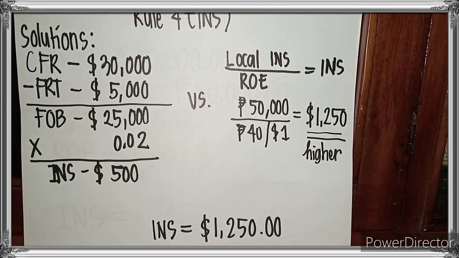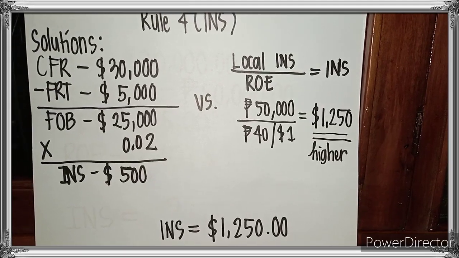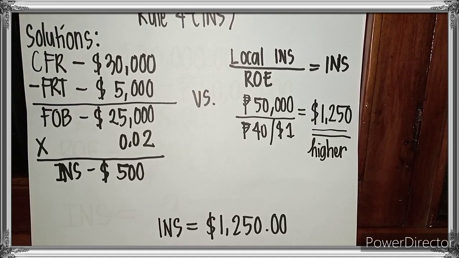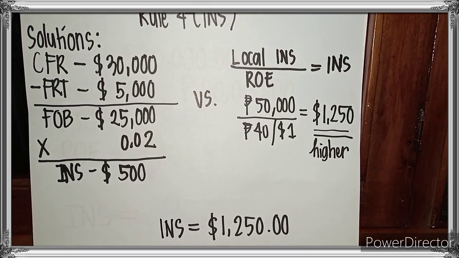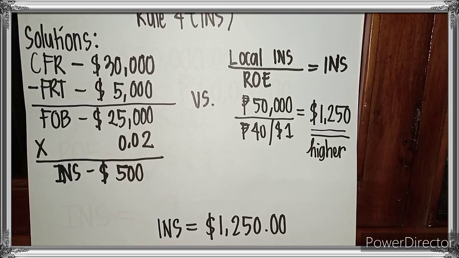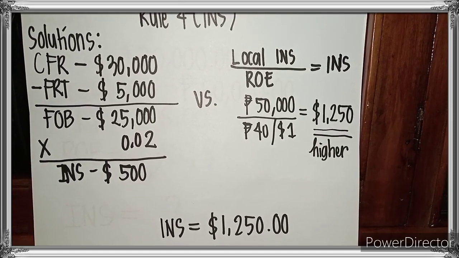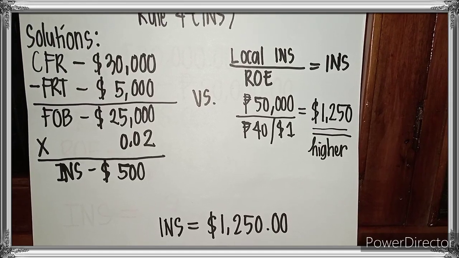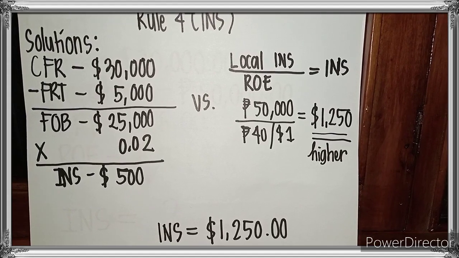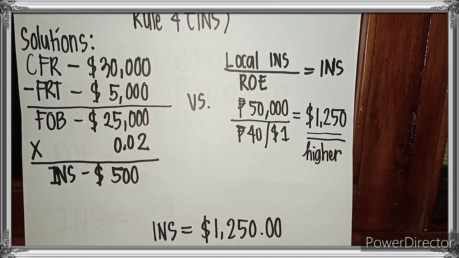So as you can see in the solution, we start with the CFR of $30,000 minus the freight of $5,000, then we have an FOB of $25,000, and then we multiply it by 2%, which gives $500 for insurance, versus the local insurance divided by the rate of exchange is equal to insurance.